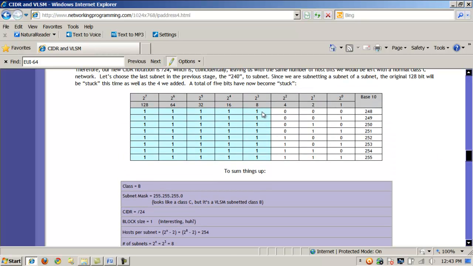It's going to be all of these bits turned on here, and if I switch all of these on, that's actually a mask value, but based on the block, 248. And then if my block is 1, from this point on, these have to be all stuck on.